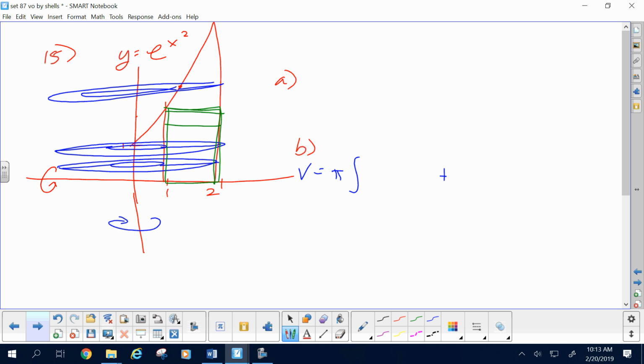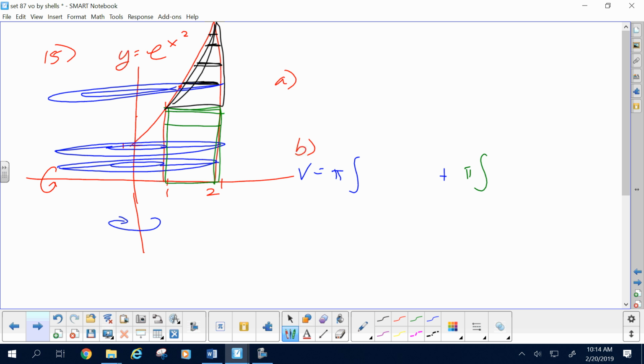That would be one set of washers. And then the other set would be up here when you're talking from the curve to two. This region up here in the black would be a totally different situation. So two washers.